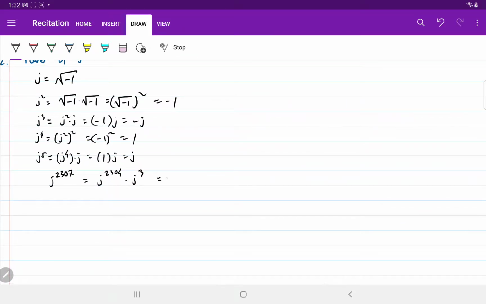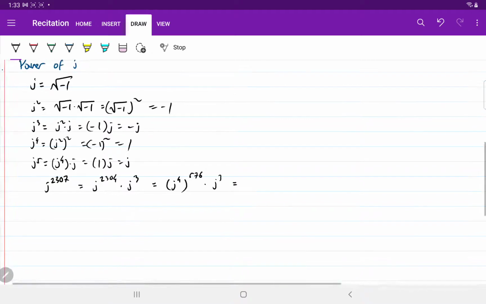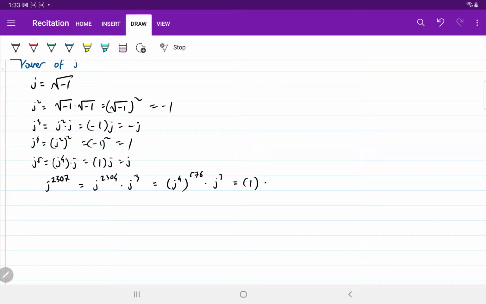So this is 576 powers of j to the 4 multiplied by j cubed. We know that this is 1, and j cubed is minus j, so this is just minus j.